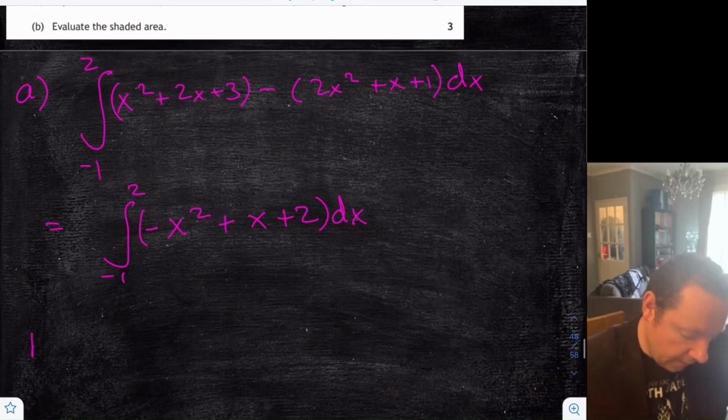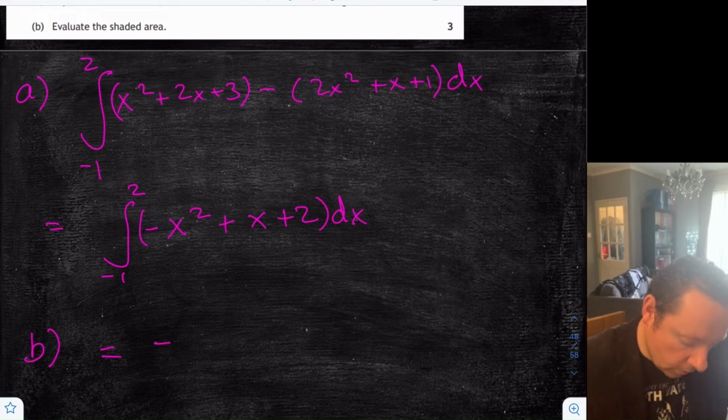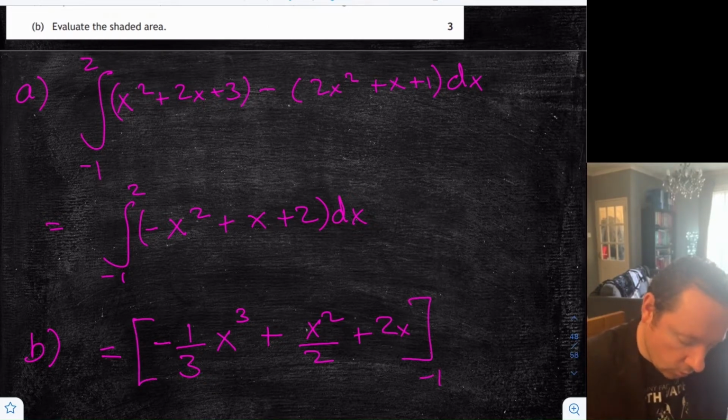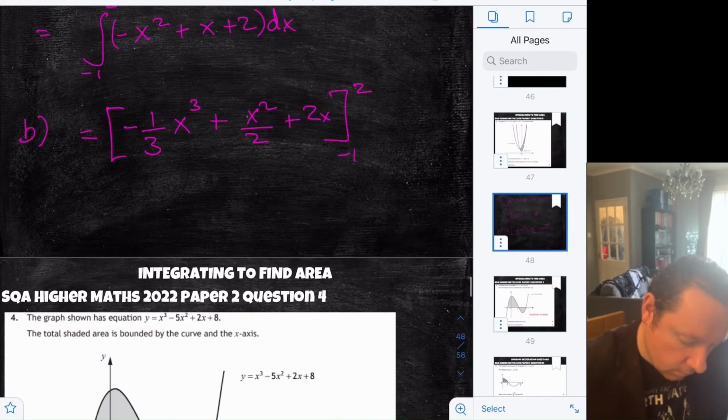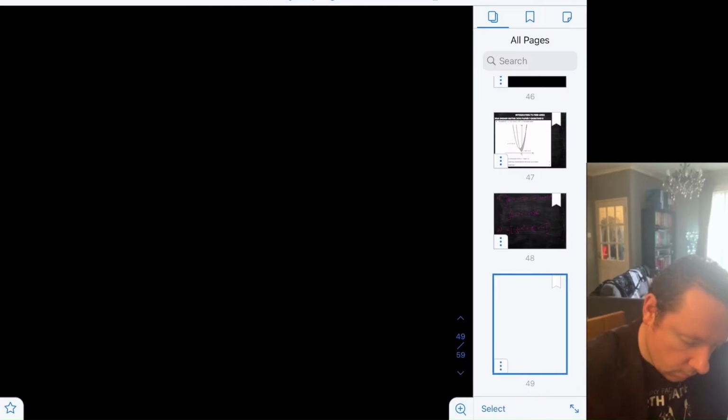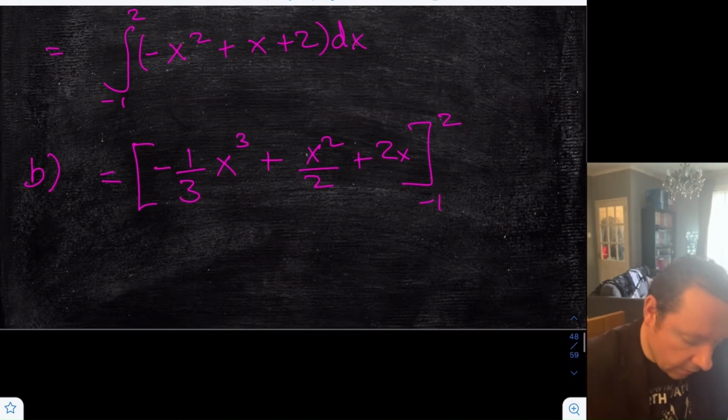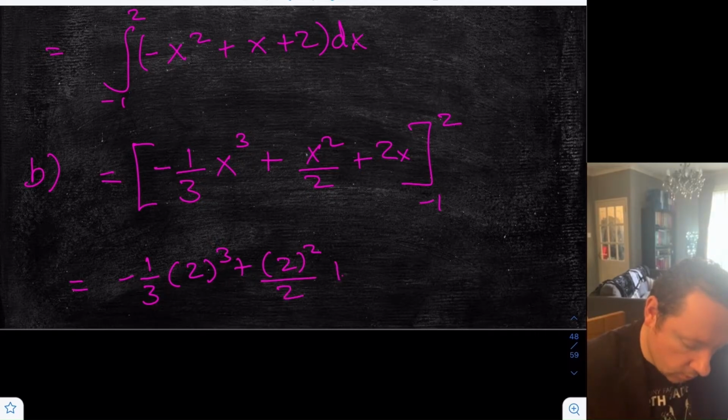So for part B, our integral equals: add 1 to the power, divide by the new power, so -x cubed over 3, plus x squared over 2, plus 2x, all between -1 and 2. Subbing in our numbers, we get -1/3 of 2 cubed plus 2 squared over 2 plus 2 times 2.